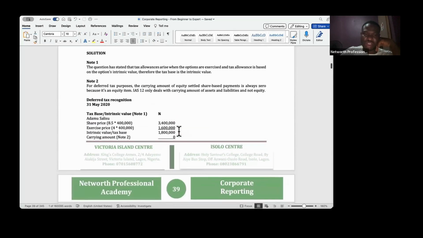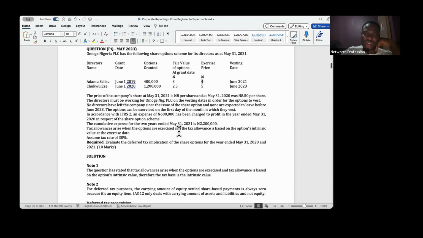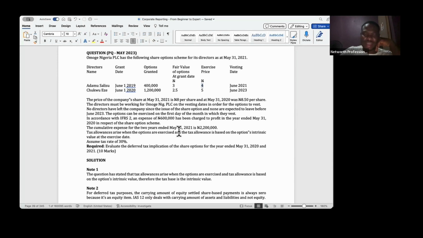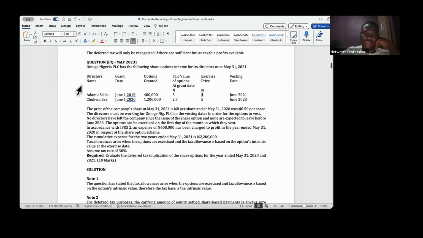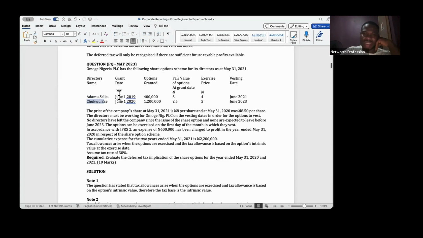But I will really appreciate that you try your hands on it, see if you can get that deferred tax asset yourself, okay? And there is a bit of technicality here because they gave you two different people and their grant date is different. Their vesting date is different.